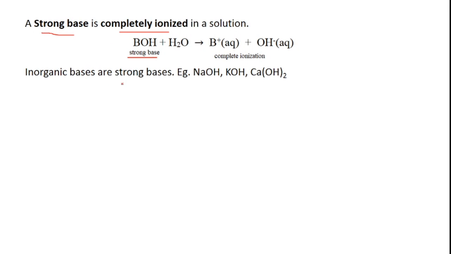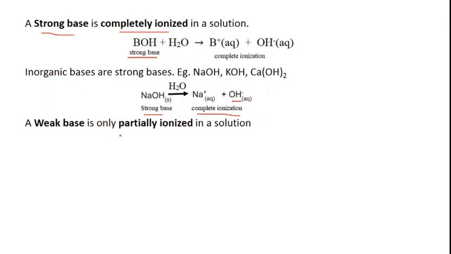Examples of strong bases are inorganic bases like sodium hydroxide, potassium hydroxide, calcium hydroxide, etc. We know that NaOH, when dissolved in water, dissociates completely to give Na+ ion and OH- ion. So NaOH exists in ionic form in aqueous solution, so it is a strong base.